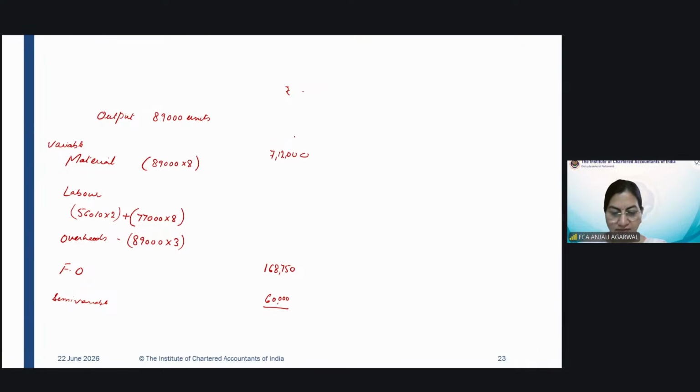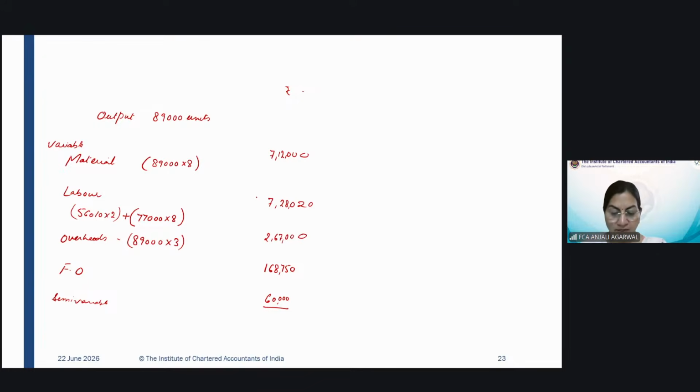Labor cost is 77,000 into 8, that's 6 lakh 16,000, plus 56,010 into 2. Labor cost comes out to be 7 lakh 28,020. Variable overheads are 89,000 into 3, 2 lakh 67,000.